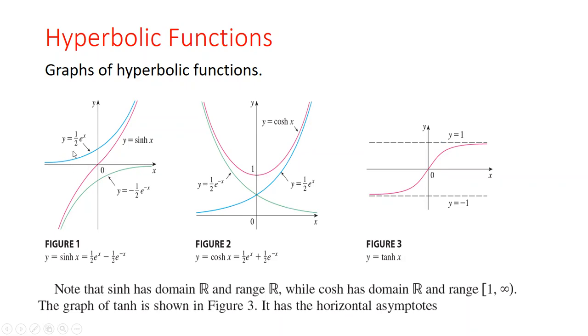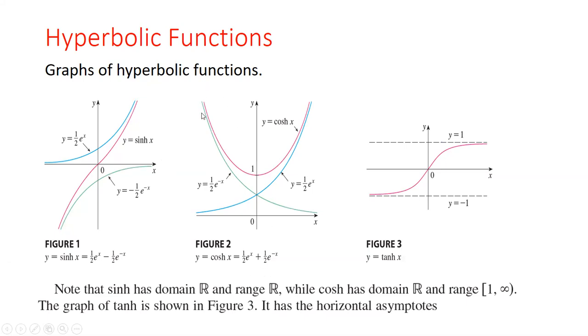And if you look at this sinh function, it goes from negative infinity to positive infinity on both x and y, because look at the x values, it goes from negative infinity to positive infinity. That's why we're saying the domain of sinh is given as the set of all real numbers, and the range is also the set of all real numbers. So we do not care which number it is, it is continuous at that particular point.